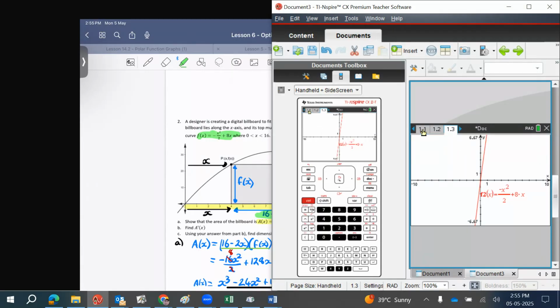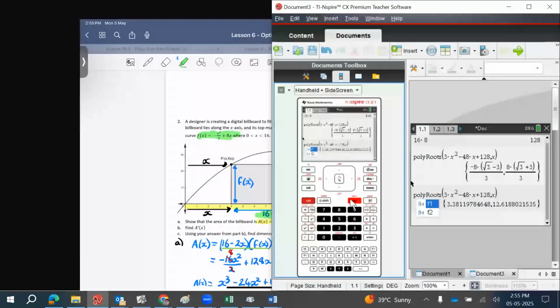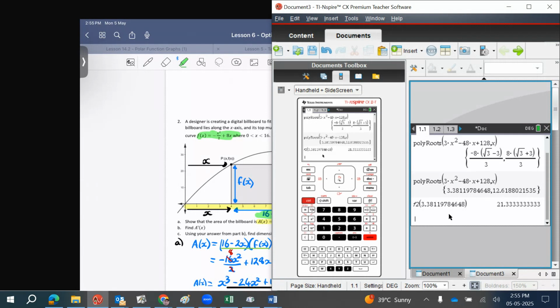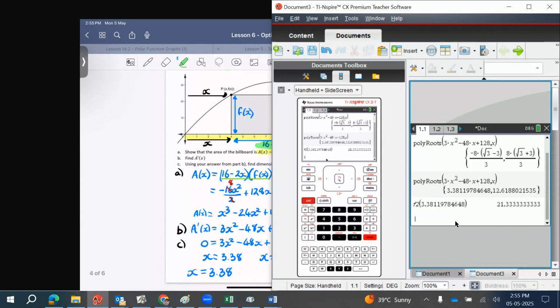Let's go back to the home screen, press variables. I'll put it in F2 now. We want to put this number in, and this is the y value. So we also need to calculate what the base of the rectangle is going to be. It's going to be 16 minus 2 lots of x. Press Control V to paste again.